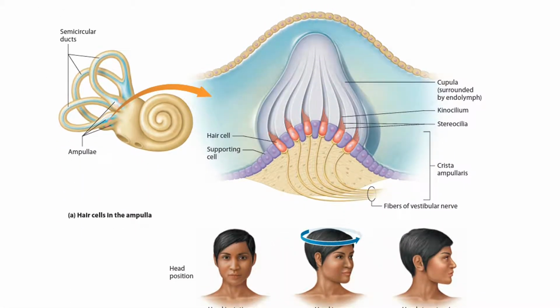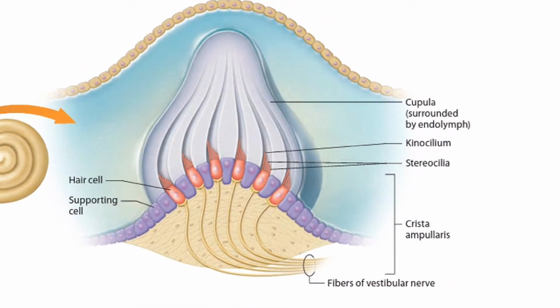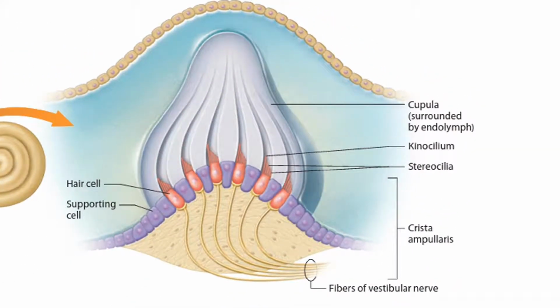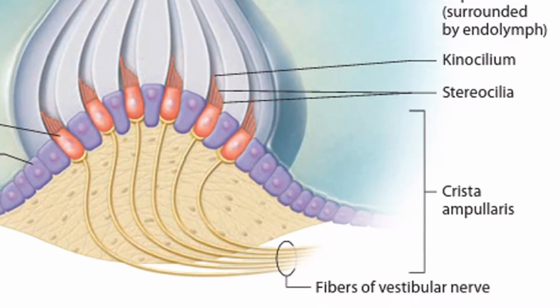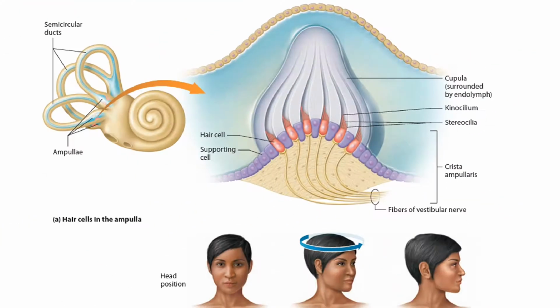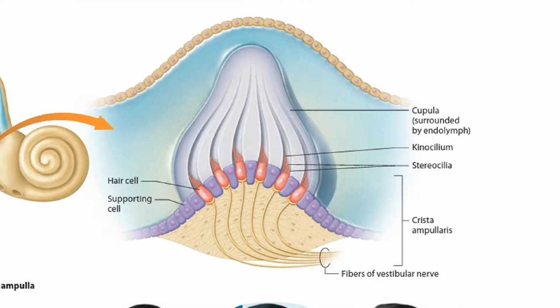First you see this figure: semicircular duct, ampullae, and here the crista ampullaris, then the cupula, they are showing kinocilium, stereocilium, hair cell, supporting cell, and the fibers of the vestibular nerve.